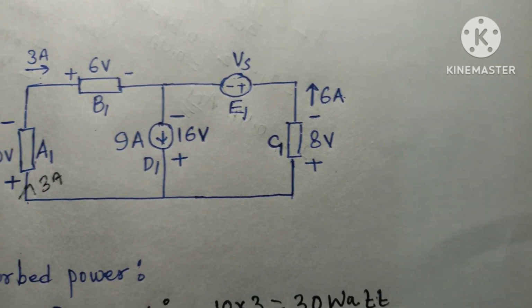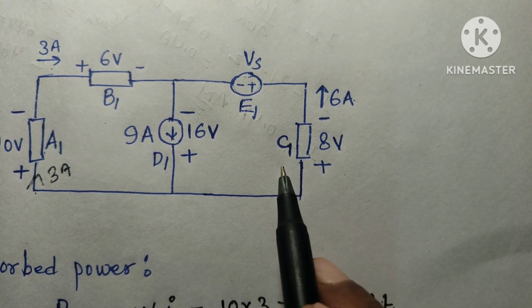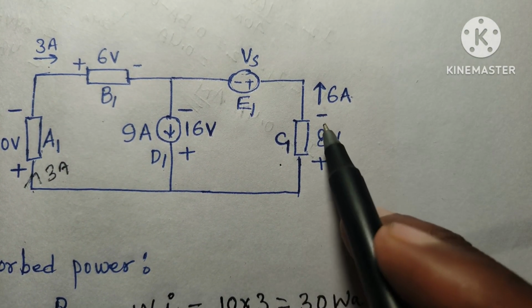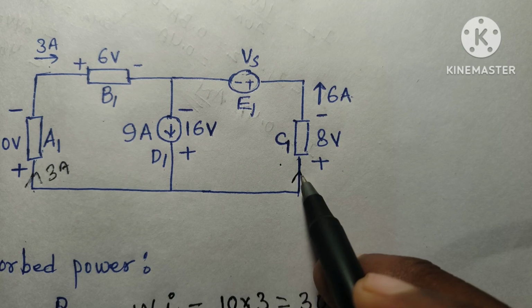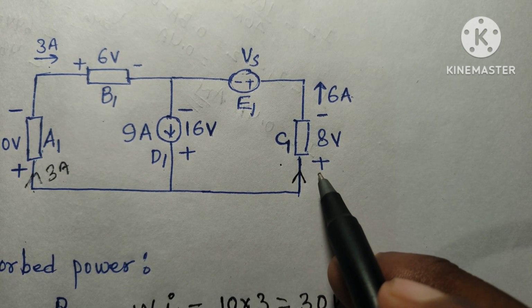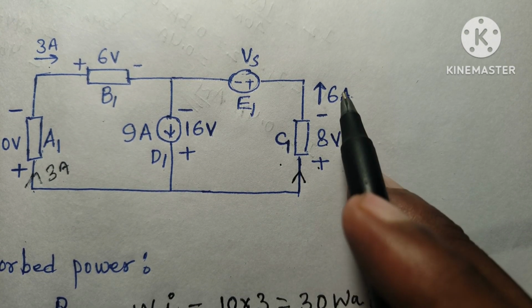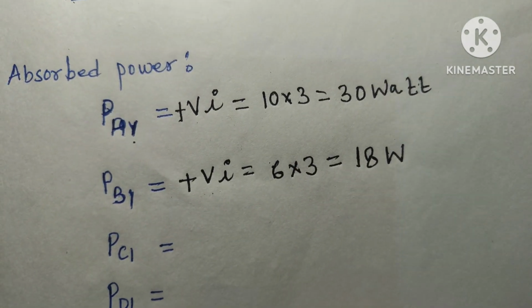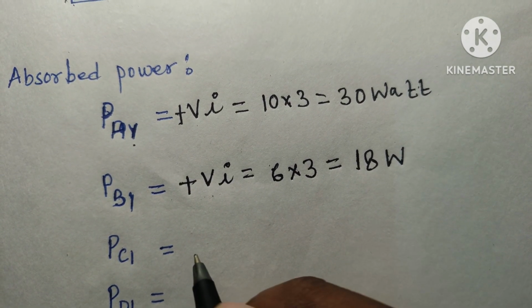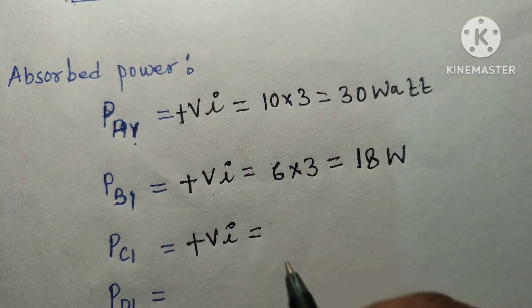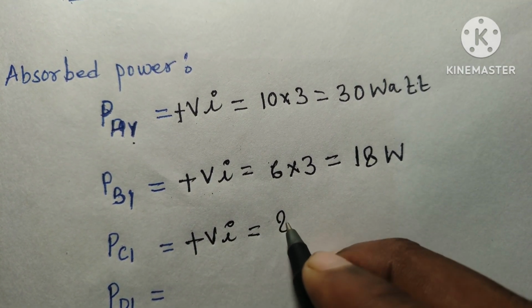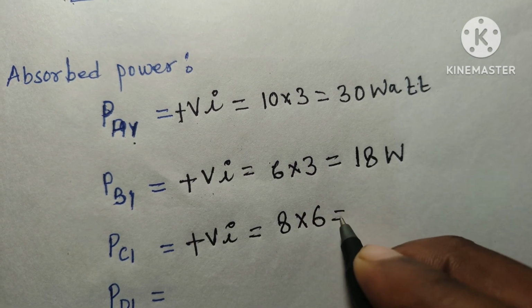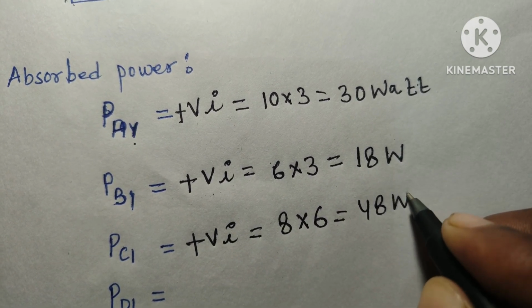Now in the circuit about C1, since the current is leaving at the negative terminal, we can say that it is entering at the positive terminal, so its absorbed power will be positive, plus V into I, that is 8 volt into 6 ampere current, which equals 48 watt.